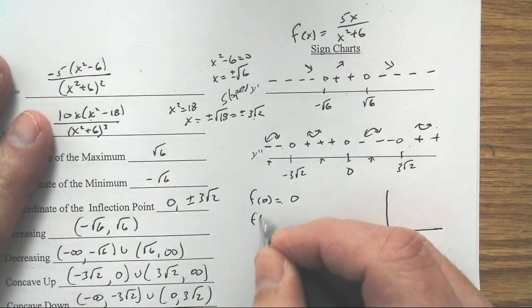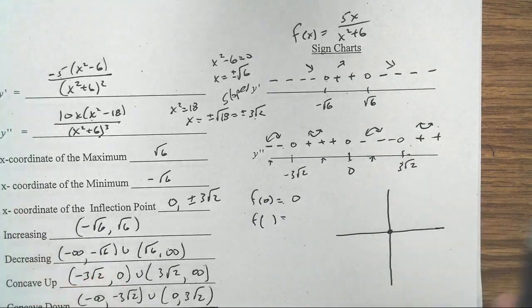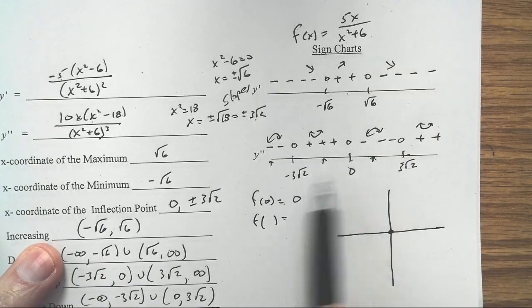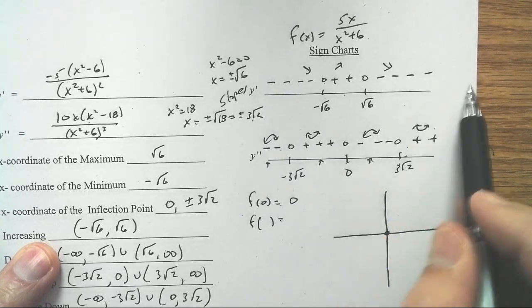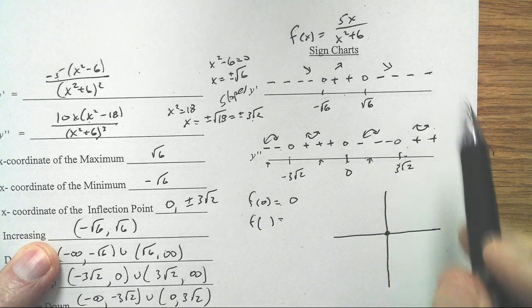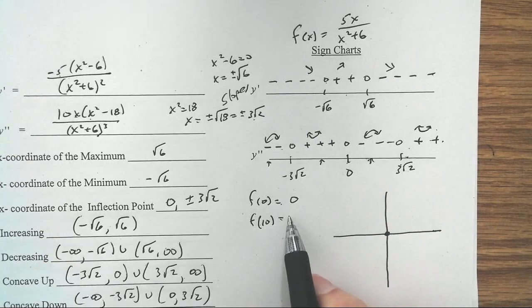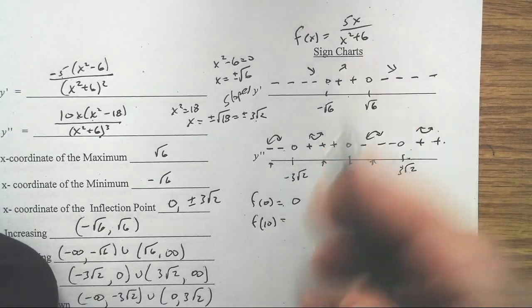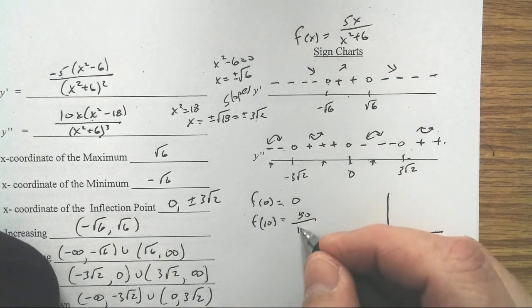I'm going to figure out what happens to the right, and I just want to get to the right of the fray. By the fray I mean to the right of these values. Once I'm over here, say at 10, I know the graph is going down but cupping up. Let's see what f of 10 is. f of 10 is 50 on 106.